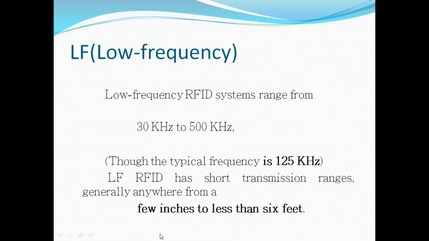Now, in case of low frequency, it works from 30 kilohertz to 500 kilohertz. Though 30 to 500 kilohertz is the recommended range of frequency, normally we use 125 kilohertz. Now you might already be using an RFID card.